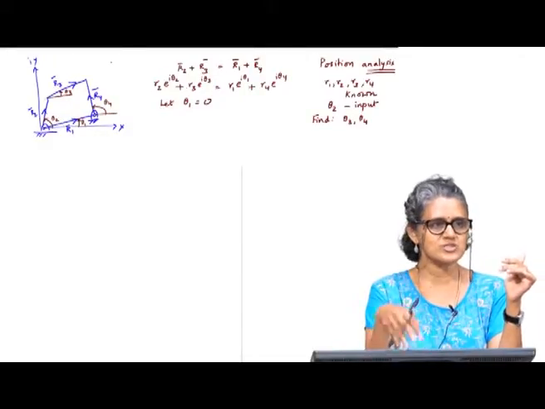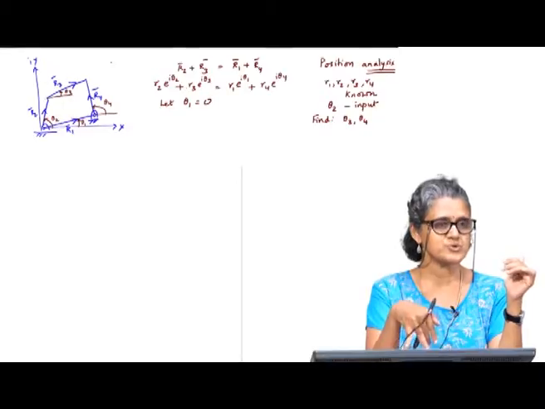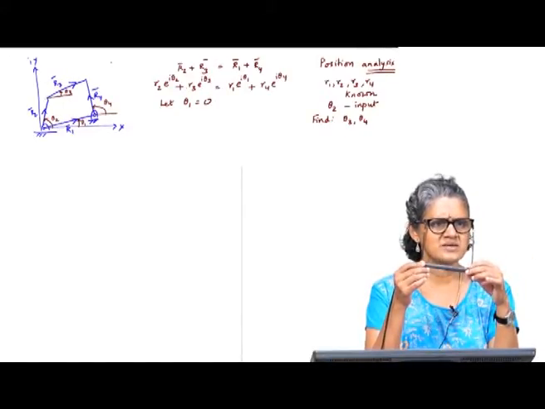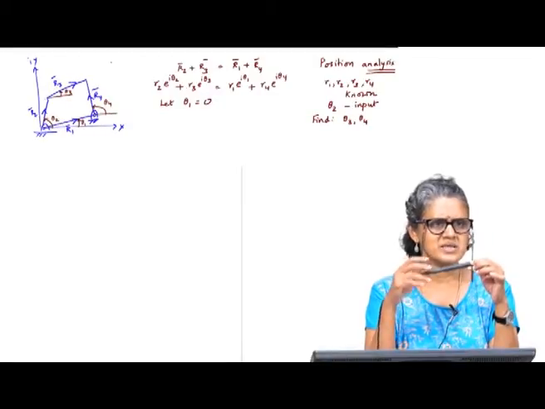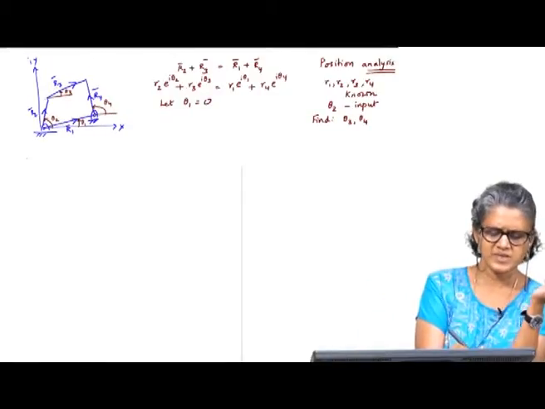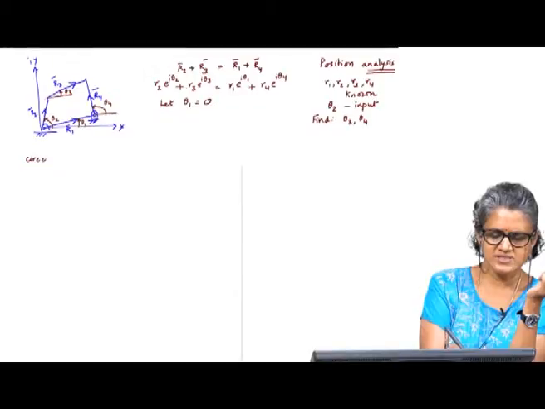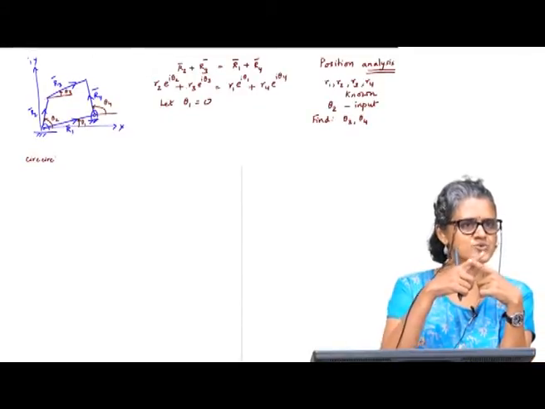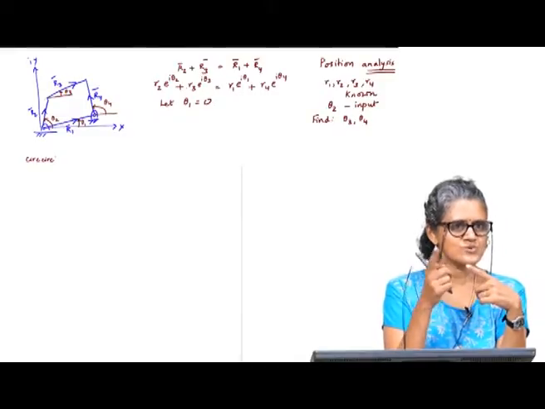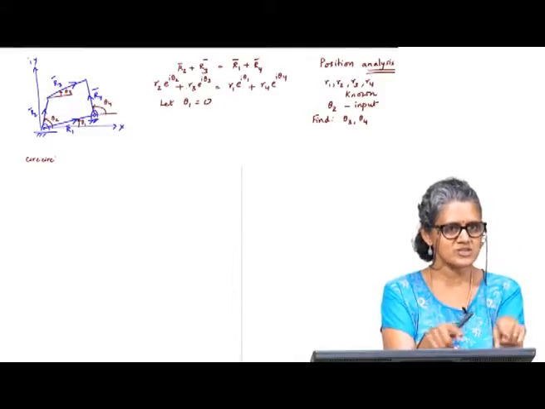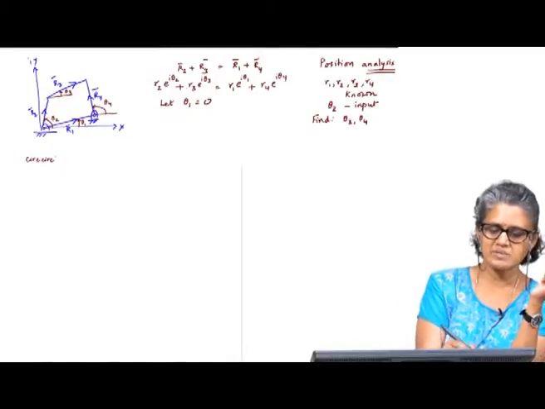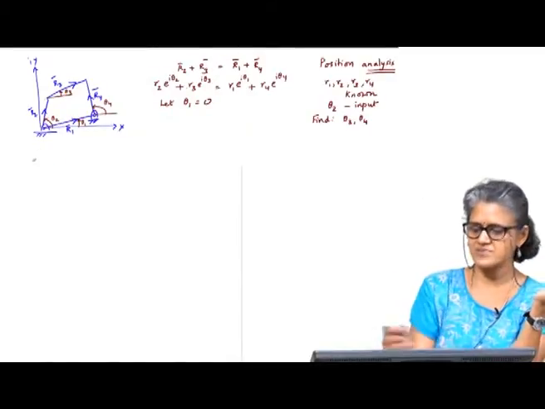You do not have to program these equations. MATLAB I think has this circ command, intersection of two circles. So, you can use that intersection of two arcs to find it easily.